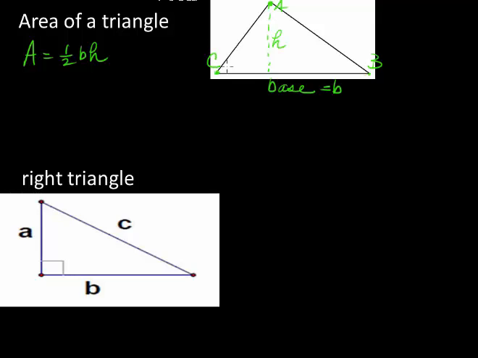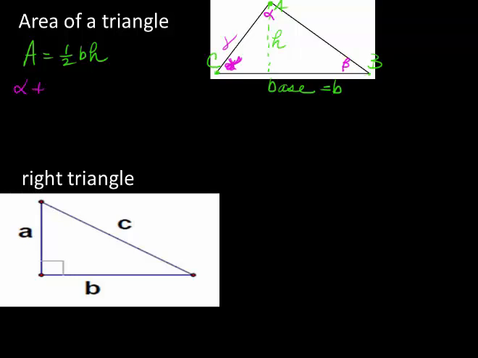Another thing that will be important to understand is if we call the angles alpha, beta, and gamma. We usually call angles lowercase Greek letters. We know that the sum of the three angles of a triangle is 180 degrees.